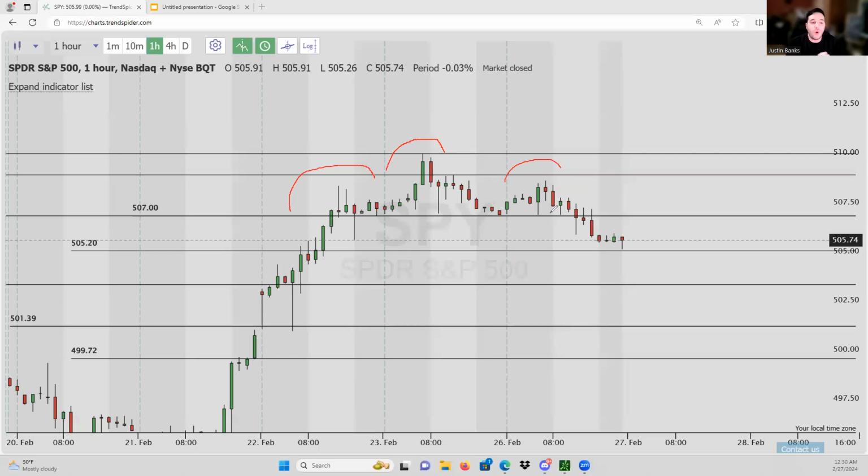Understanding reversals is going to be where we can notice a break in a market structure. If we are in a bullish market structure, let's look for that break in the bullish market structure to now turn to a bearish trend. And likewise, if we are in a bearish trend, look for that break of the bearish market structure to now turn into a bullish market structure.